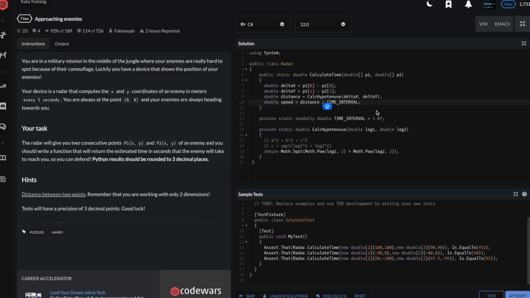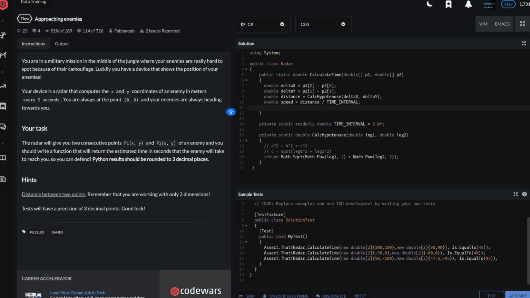So now we know how fast the enemy is moving between 2 points away from our base. And the idea is that their movement remains in the same direction, heading directly towards us at the same speed. That's obviously not real life, but this is the challenge. That's what they're giving us.